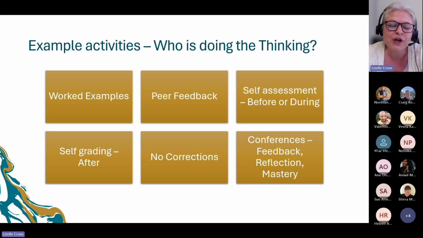So I want to ask you, in your current use of feedback strategies, or giving feedback to your students at the moment, who is doing the thinking in your activities? Is it you as the teacher or the lecturer, or is it the student?